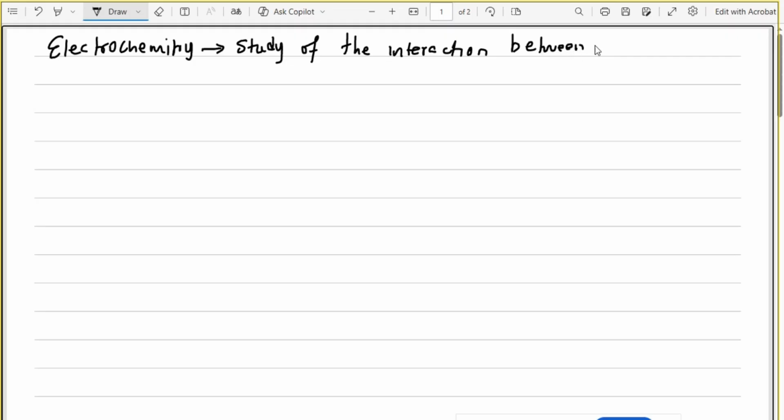It will be between electrical energy and chemical energy.